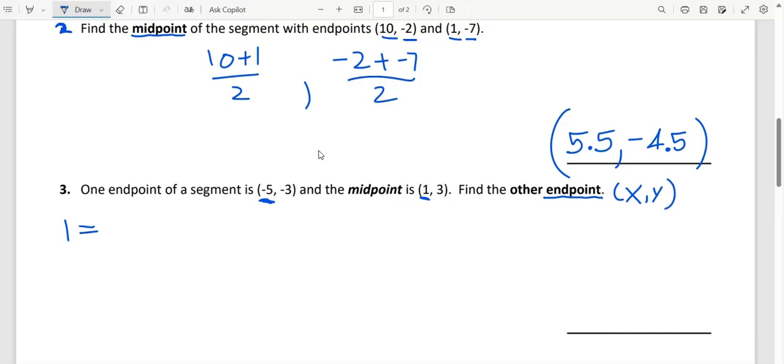So my endpoint x is -5, and my other endpoint x is just going to be the variable x, since it's missing. So -5 plus x, if I add up those and divide by 2, I should get the midpoint x. So again, midpoint equals endpoint plus endpoint divided by 2.